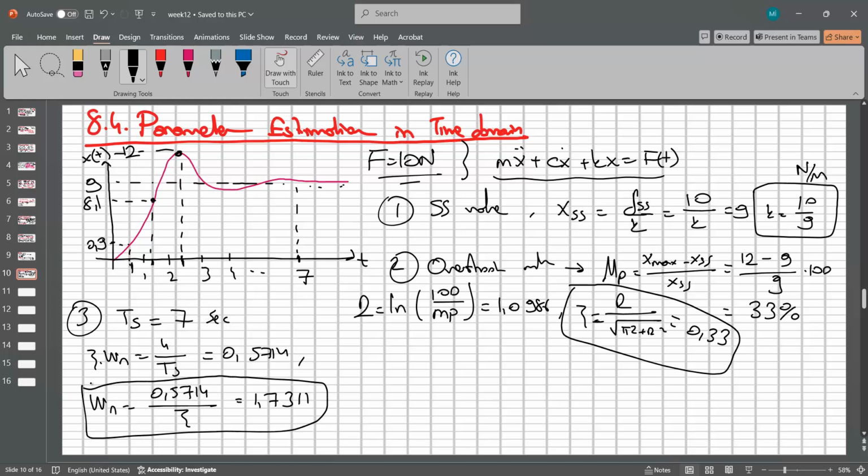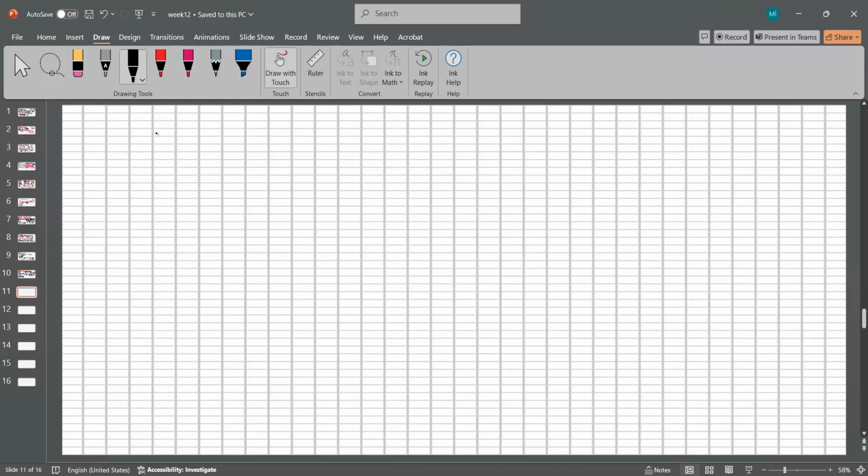And so if we have Wn and zeta, we can try to find our MCK system, right? In order to do that, m x double dot plus c x dot plus k x, or in other terms, in the s domain, just like this one, m s square plus c s plus k is equal to 0. And also we have s square plus 2 zeta omega n s plus omega n square.